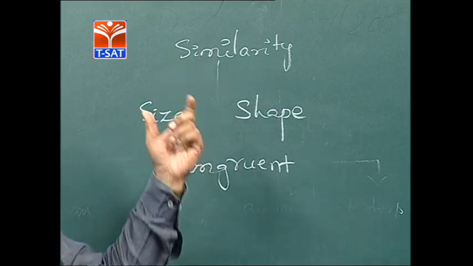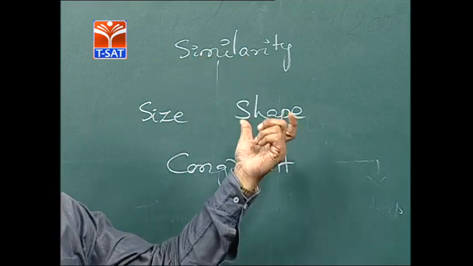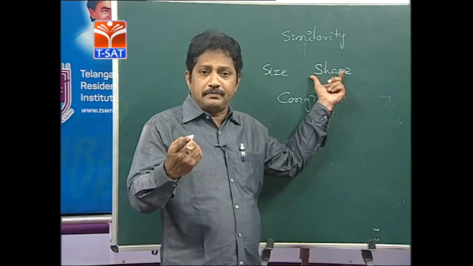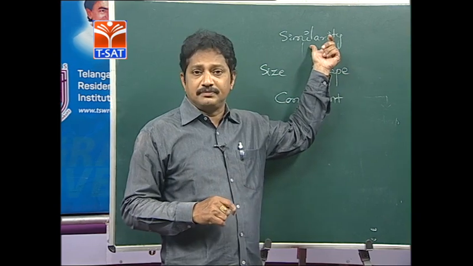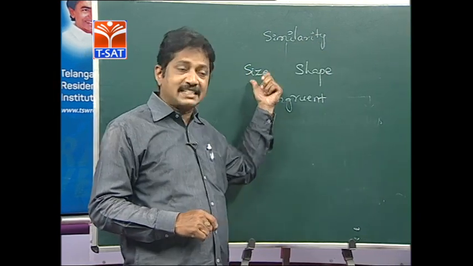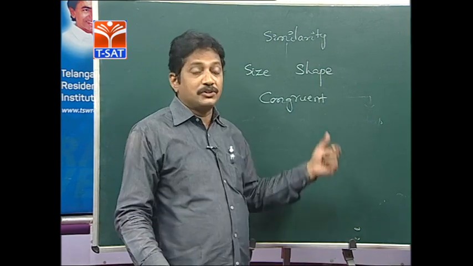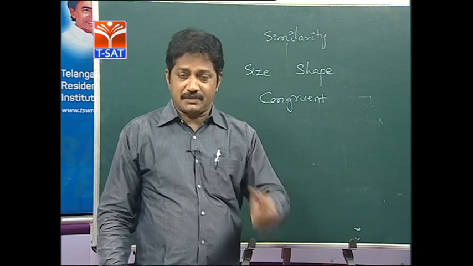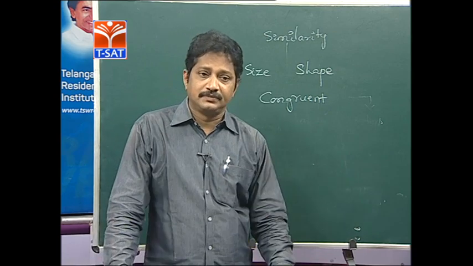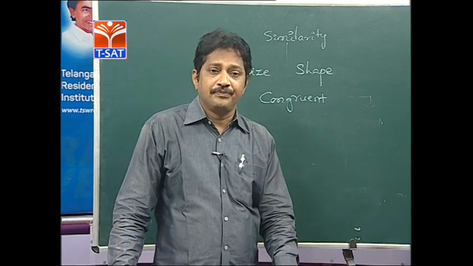This is very important, so you have to understand the difference. When they have the same shape, we call them similar. When they have the same size and shape, we call them congruent. From this you can get a relation. Can anyone say what the relation is here?